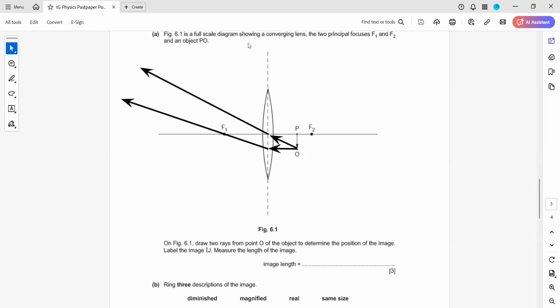Will these light rays meet? No. It is obvious that the object is between the focus and the lens, so it will not form a real image. So we produce the two light rays backward, and this will be the position of the image, which we also call IJ.